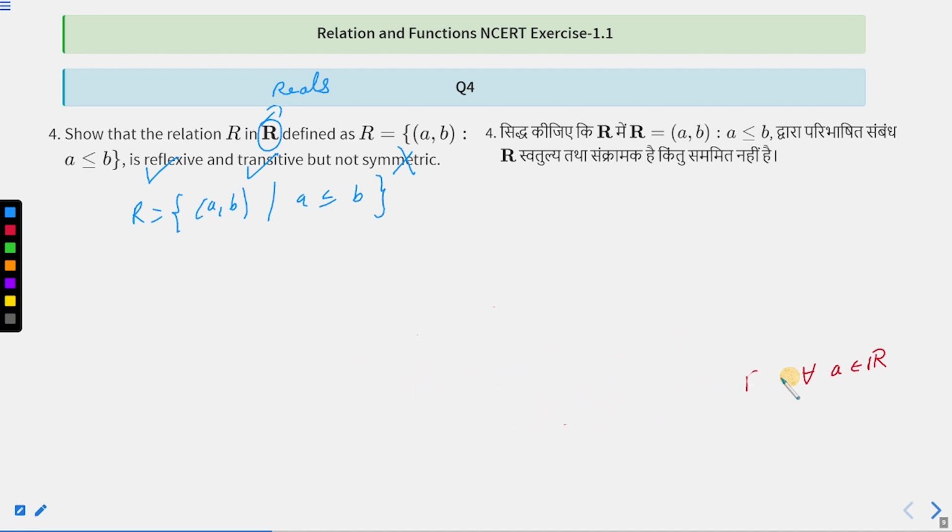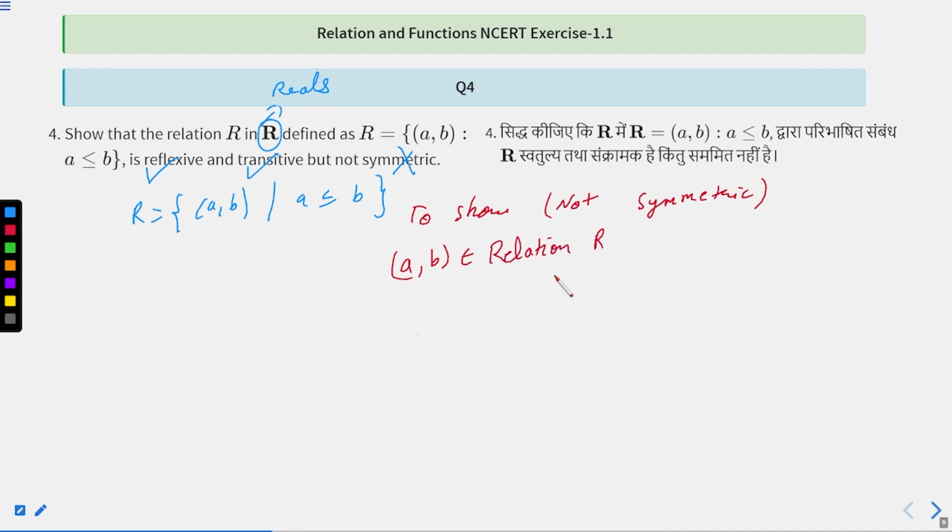To show it is not symmetric, we need such an AB pair which belongs to the relation R, but BA does not belong to the relation R. I hope this is clear to you.